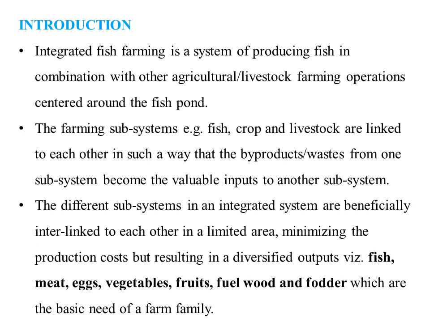The different subsystems in an integrated system are beneficially interlinked with each other in a limited area, minimizing the production cost and also resulting in a diversified output. We can get fishes, meat, eggs, even vegetables, fruits, fuels and fodders from these integrated subsystems.